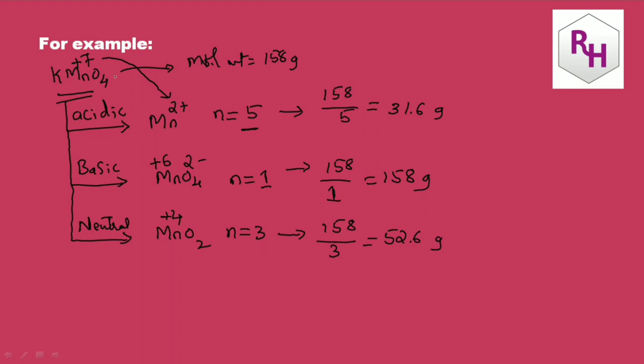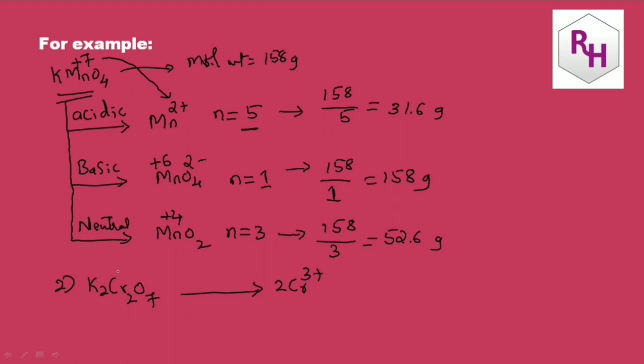Understand this. Another example, the second one, is potassium dichromate, K2Cr2O7. When K2Cr2O7 is used as an oxidizing agent, remember, it forms a compound with Cr3+.